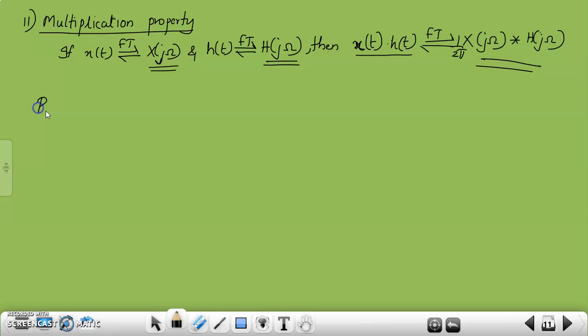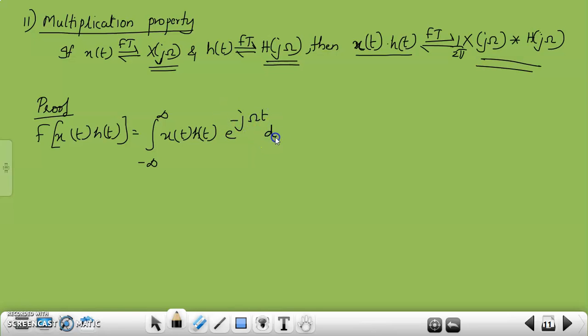I can prove the statement by finding the Fourier transform of x of t, h of t. I have the product signal x of t, h of t. Its Fourier transform is the integral from minus infinity to infinity of x of t, h of t into e raised to minus j omega t dt.